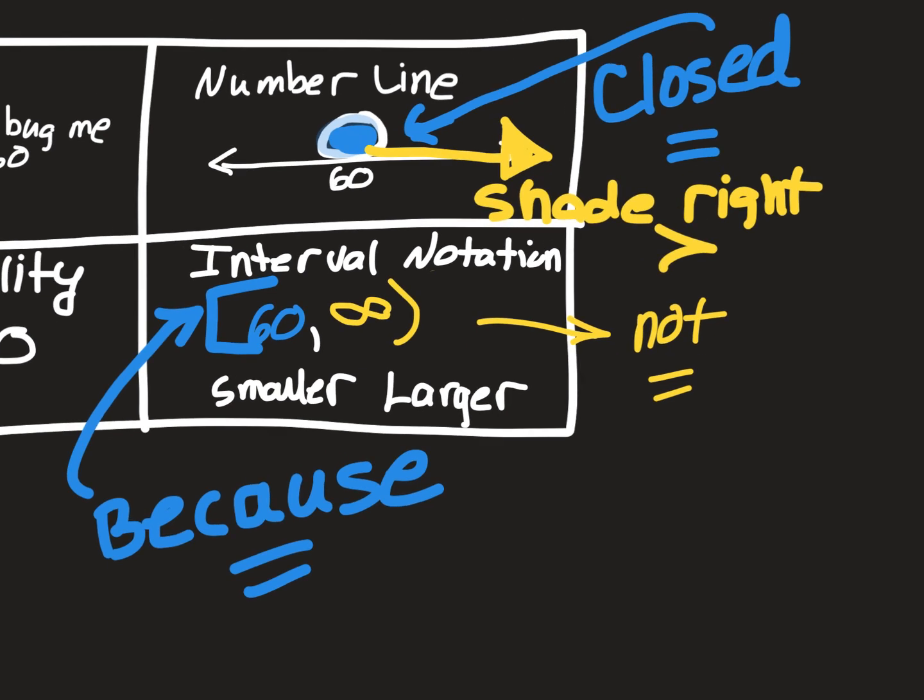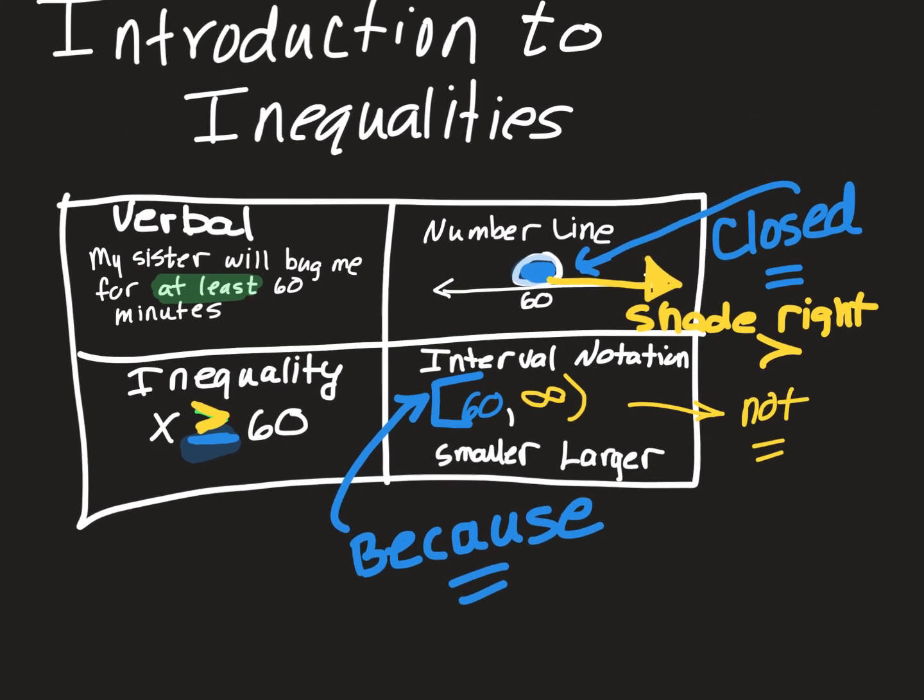It's just a concept. So if you look at your number line, you can figure out pretty easily what your interval notation needs to be. If it's shaded to the right, you know you're going to have a positive infinity. If it's shaded to the left, I'm going to show you that in a second. So square bracket, because you've got it colored in. And then the parenthesis, because it's not equal to.